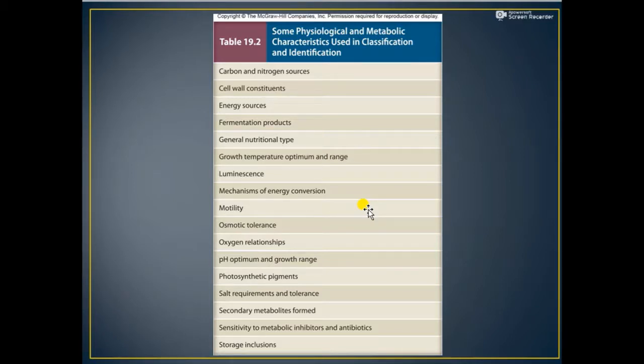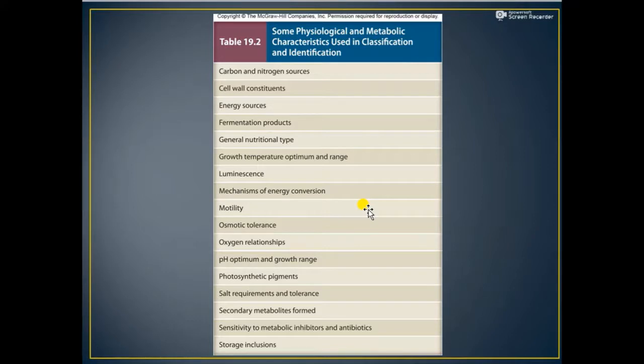Some bacteria also have the property of luminescence. Luminescence means to glow or to produce light. The mechanism of energy conversion, osmotic tolerance. Osmotic tolerance means the tolerance to salt concentrations. Variations in salt concentrations will cause osmotic imbalances.